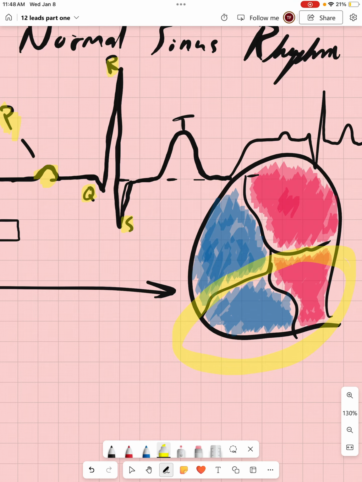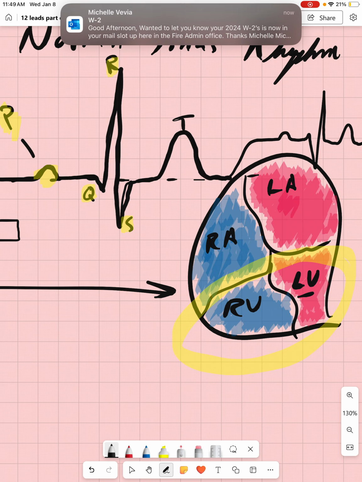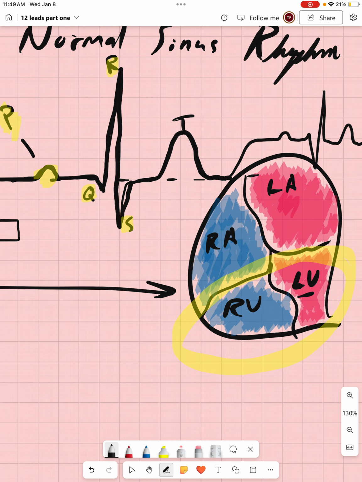Now, if you might recall, before I talked about how the left ventricle specifically, I might as well just label these. Okay, our left ventricle specifically has the most responsibility of the heart, so it is going to deliver blood to the entire body.